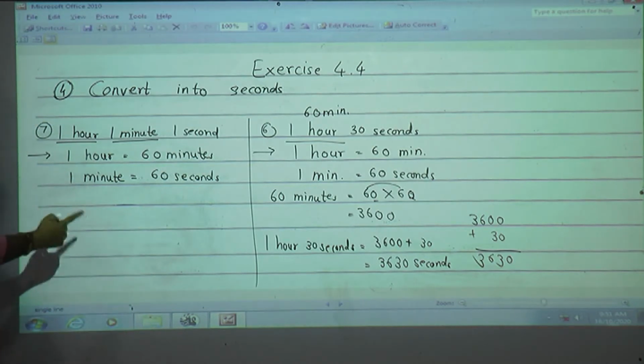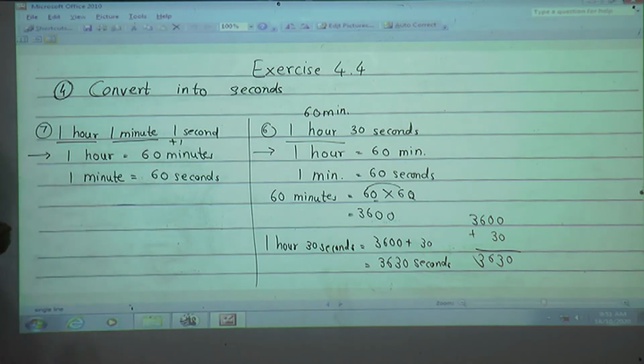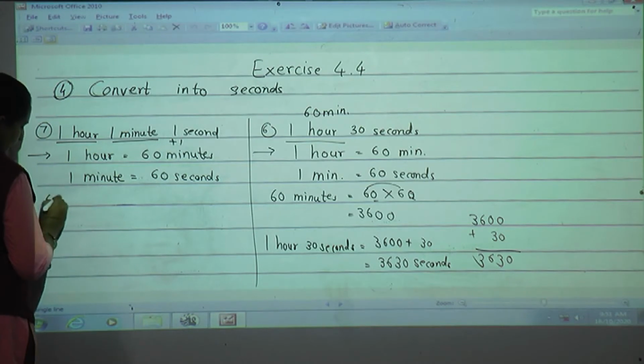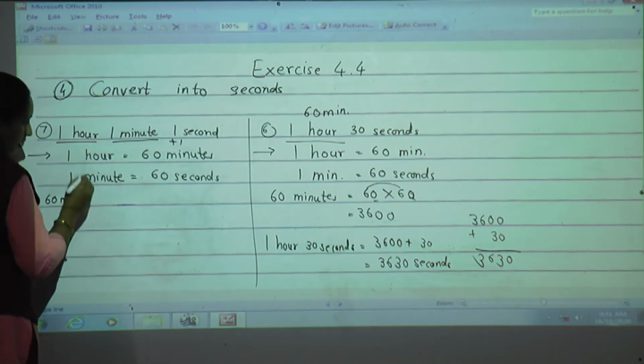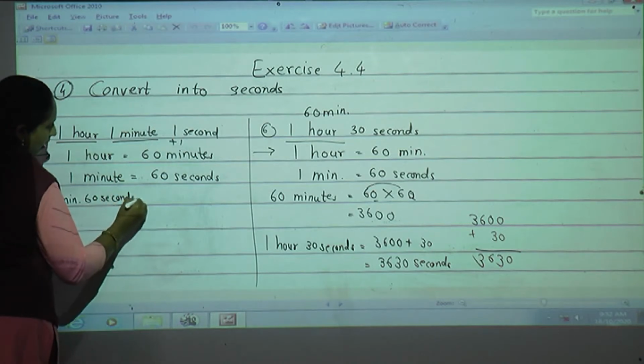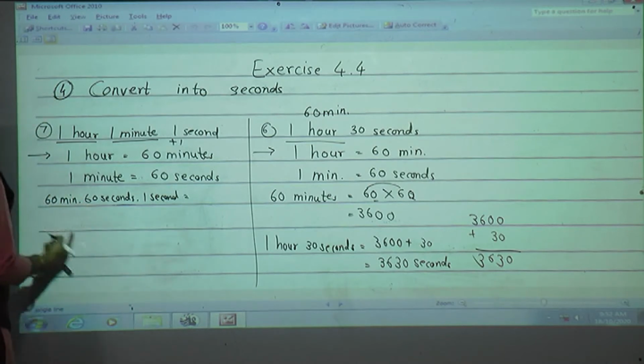And the last 1 second we have to just add into seconds. Now the question is 60 minutes, 60 seconds and 1 second, isn't it? Now 60 minutes we have to convert into, yes, seconds.